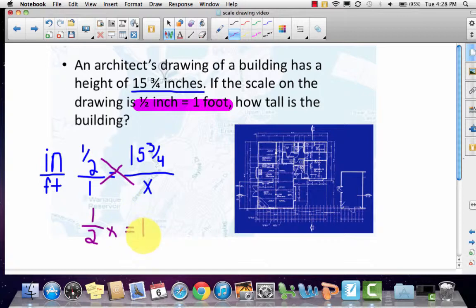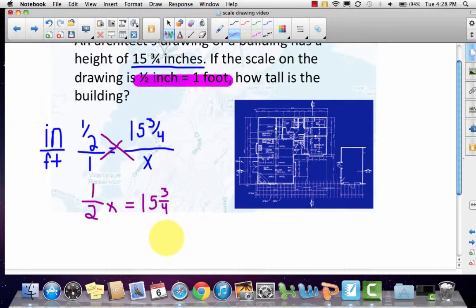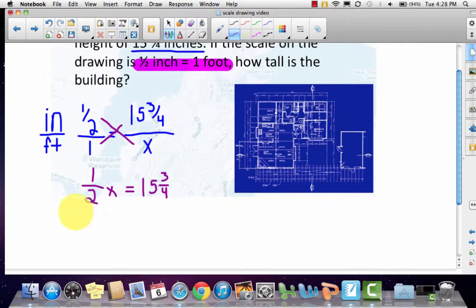And what we have here is a one-step algebraic equation. So in order to solve for x, or isolate x, I need to get rid of the 1/2. Since it's currently being multiplied by x, I'm going to divide it. So I'll divide by 1/2 here. This cancels and leaves me with x.